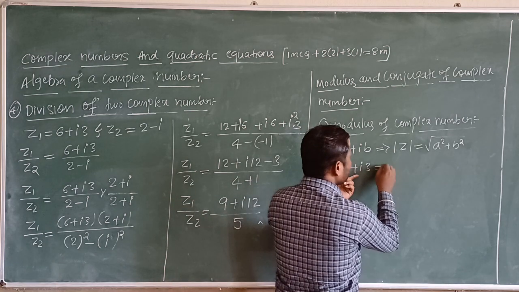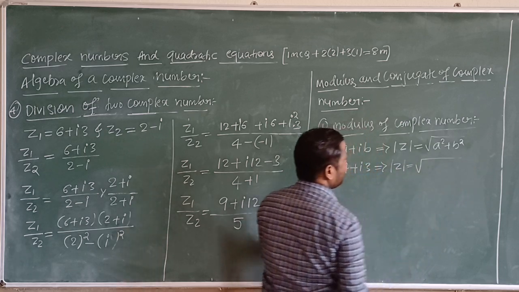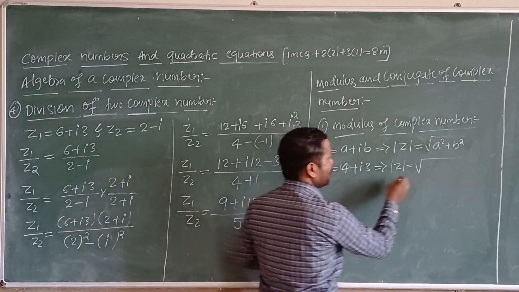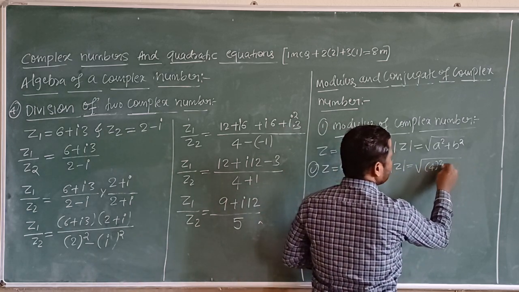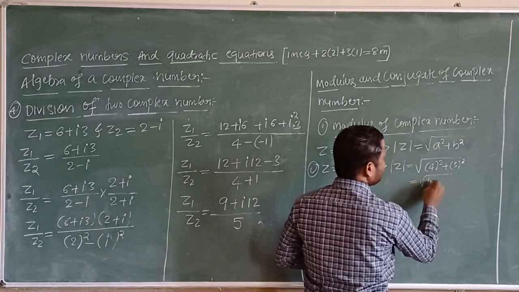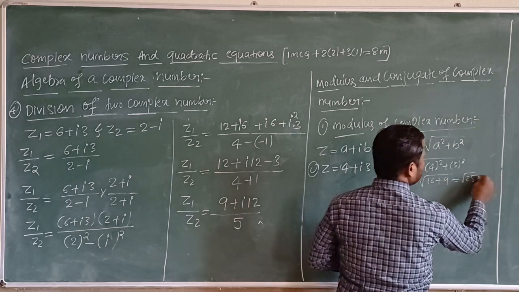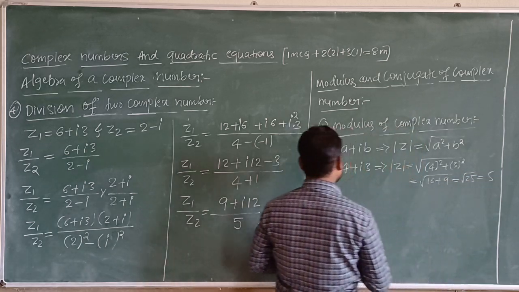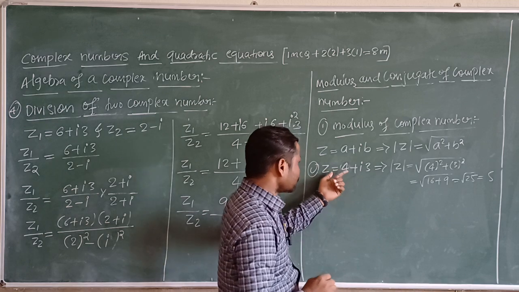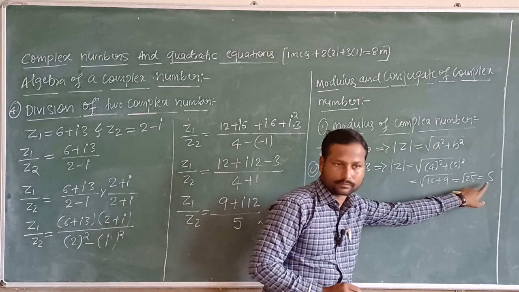Modulus of Z equals the square root of the a square value, 4 square, next the b square value, 3 square. 4 square is 16, 3 square is 9, it becomes root 25. Root 25 is nothing but 5. So Z equals 4 plus I3, its modulus is 5.